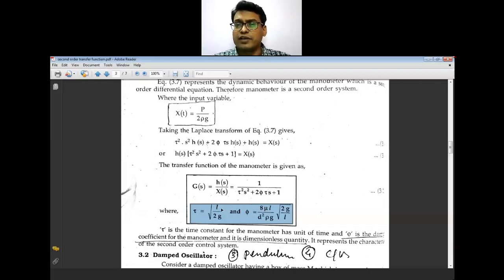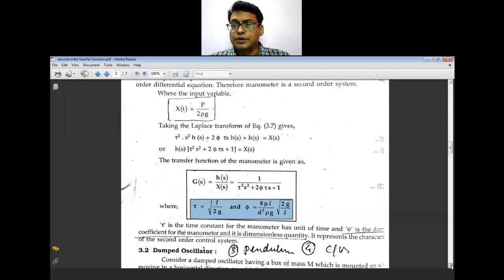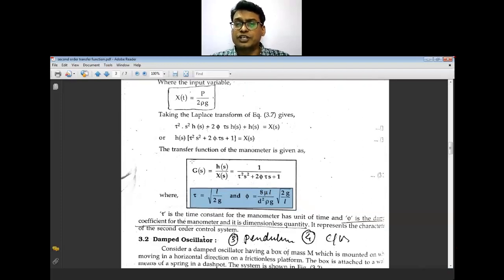So all these have different values, but your transfer function will remain the same: 1 upon tau square s square plus 2 phi tau s plus 1.